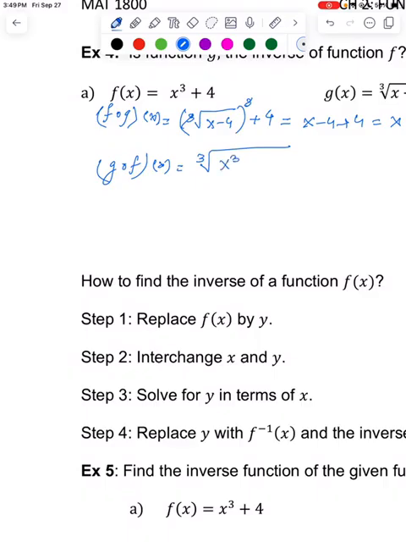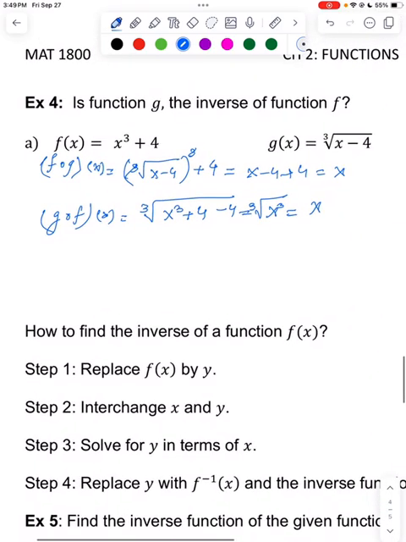We end up getting cube root of x cubed, but the cube and the cube root cancel each other, so we get x. So we say yes, g is the inverse function of f.